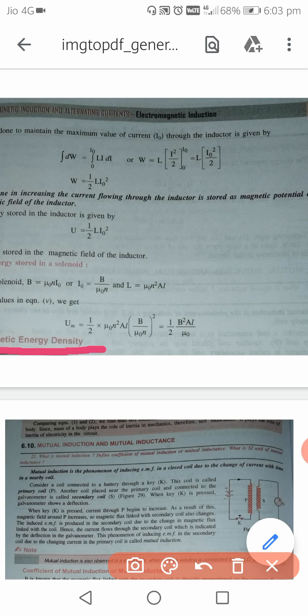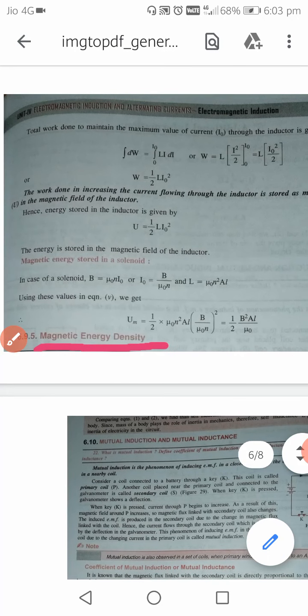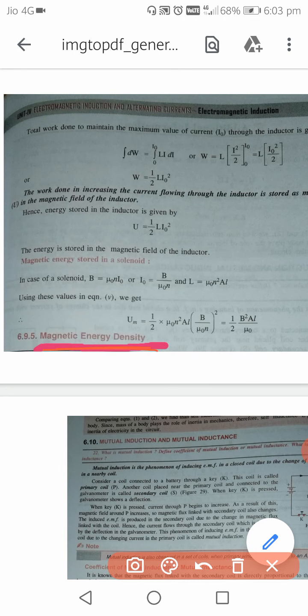Another thing is magnetic energy density. Magnetic energy density is nothing but the magnetic energy divided by volume. See here, A is the cross sectional area and l is the length, so area into length gives us volume.